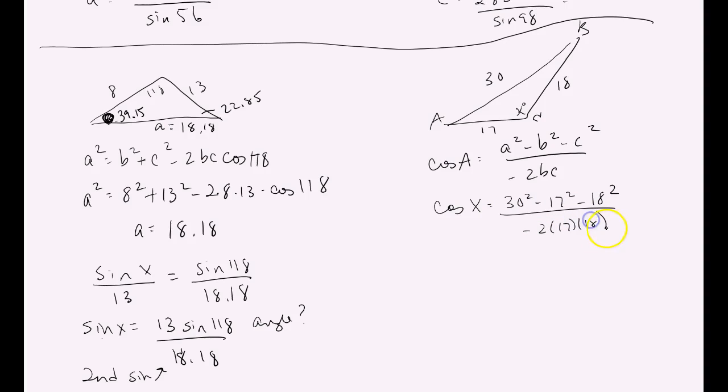There we go. And then I'm typing in second cosine of all of that business right there. So let's see how that looks when I do second cosine. And then I type in 30 squared minus 17 squared minus 18 squared all over negative 2 times 17 times 18.